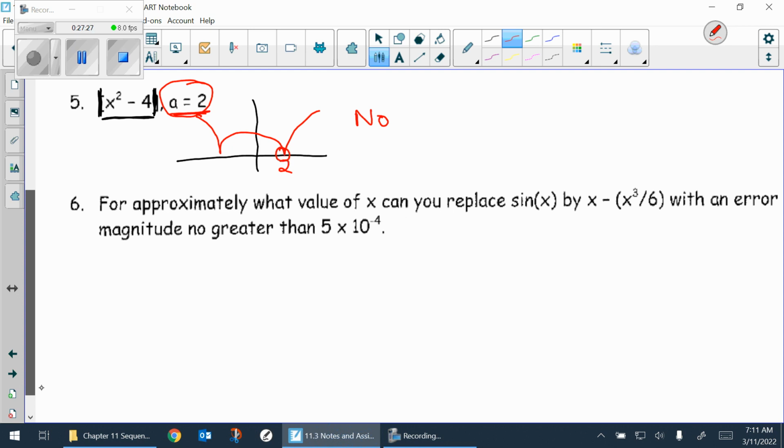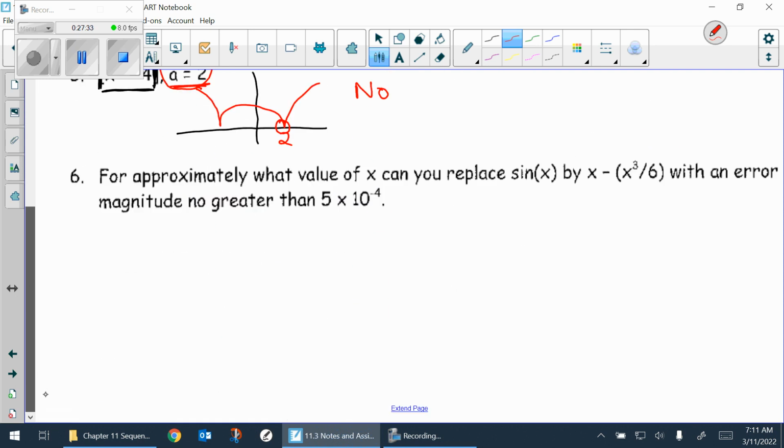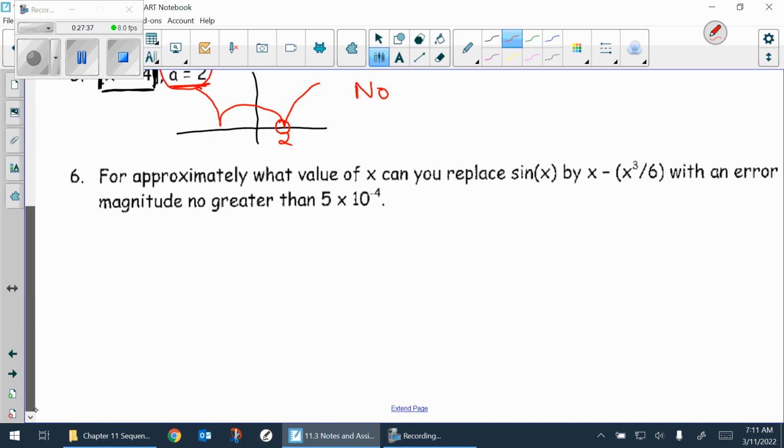For approximately what value of x can you replace sine, I want to replace sine with just these first 2 terms of the polynomial series for sine, remember 6 is 3 factorial.